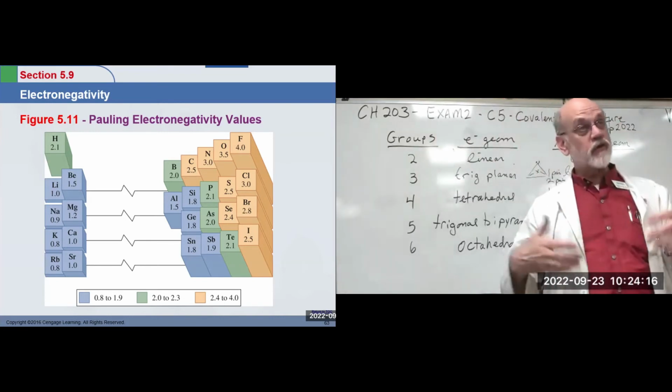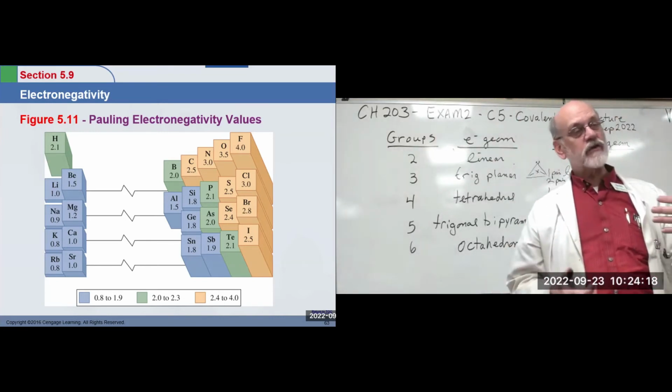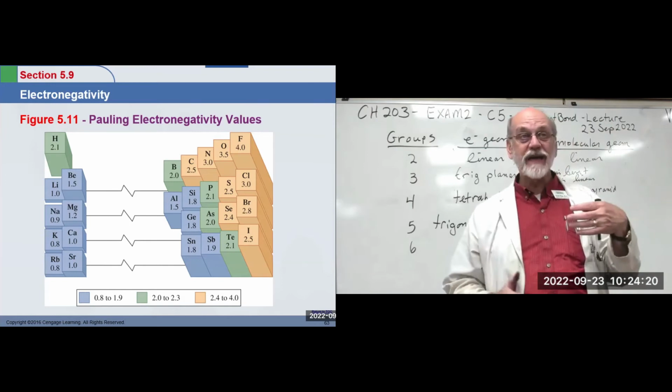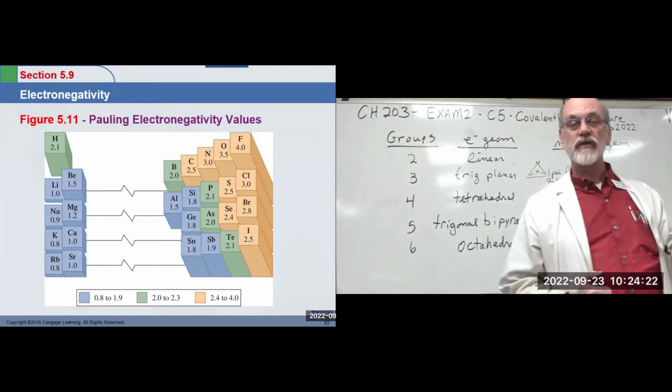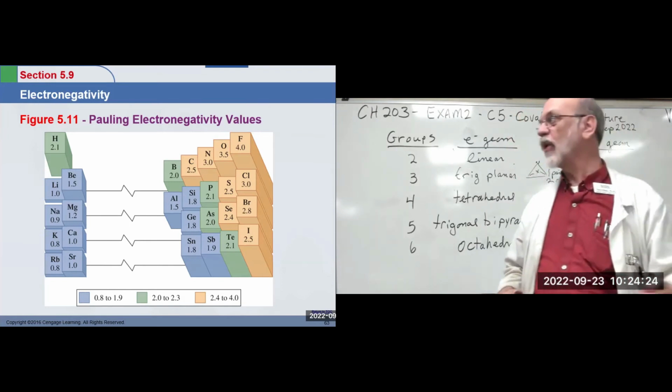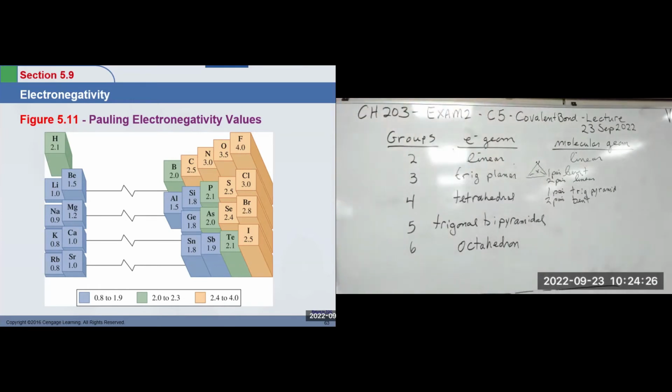But as a general trend, the electronegativity values that we assign to these atoms are smallest in the lower left-hand corner. Like rubidium, I thought cesium's even lower than that. Cesium is lower than that. Down here, cesium.